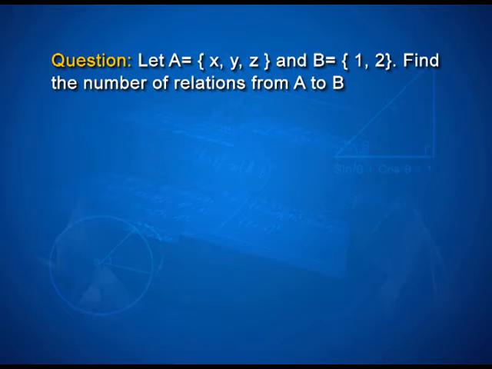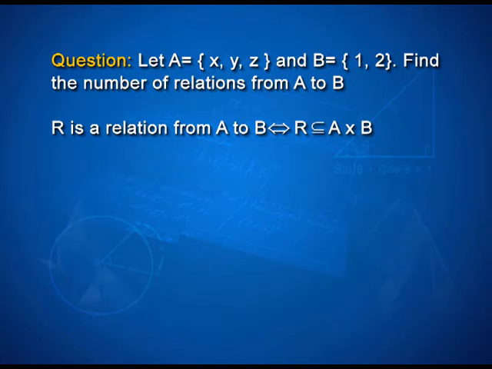The number of relations from A to B can be decided if you remember that R is a relation from A to B if and only if R is a subset of A cross B. So, how many elements do we first have in A cross B? 3 times 2, the 3 elements of A multiplied by the number of elements in set B. And therefore, how many subsets can be formed of A cross B depends on this number and, of course, that little result that you picked up somewhere in the previous chapter.